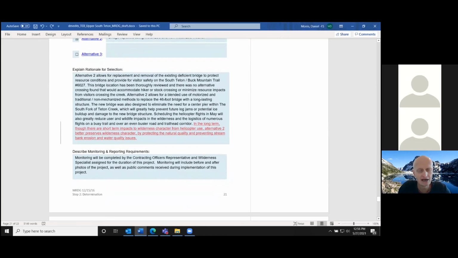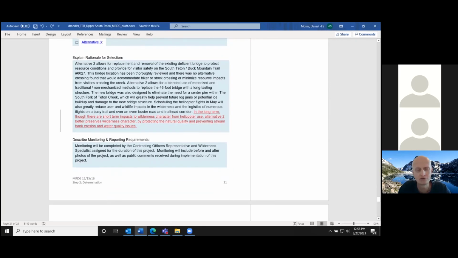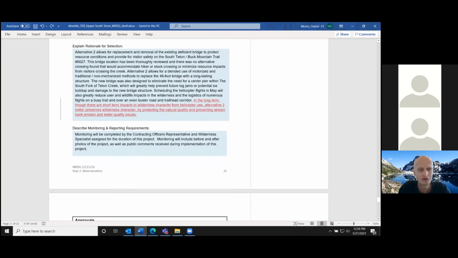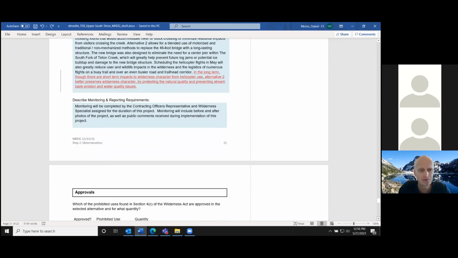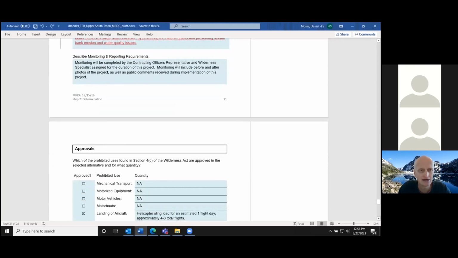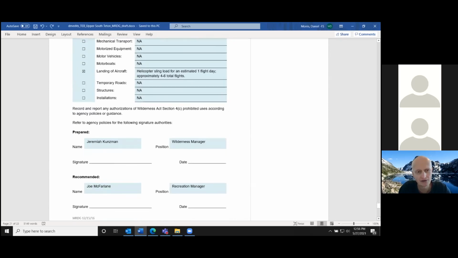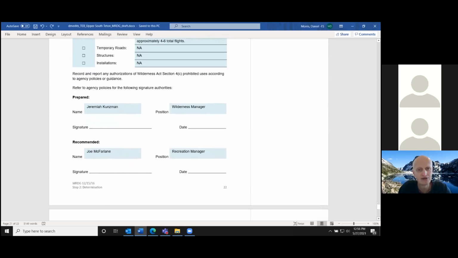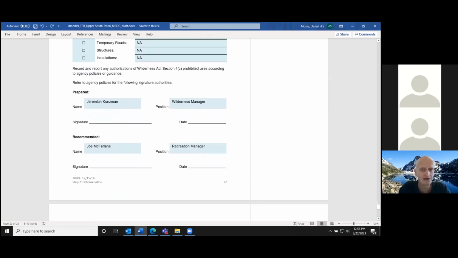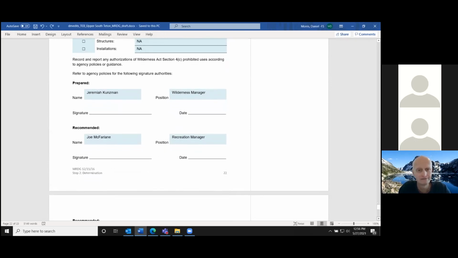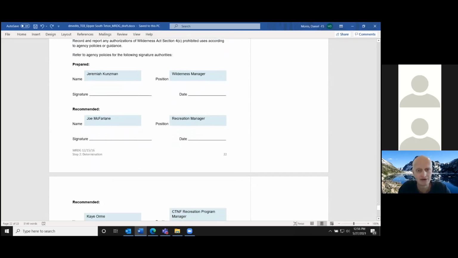So hopefully that was helpful to go through a real world example. And then just the last part I'll go through. We usually want to have prepared by whoever put it together. And it looks like we're naming names here.